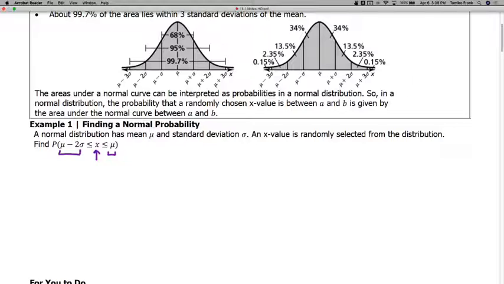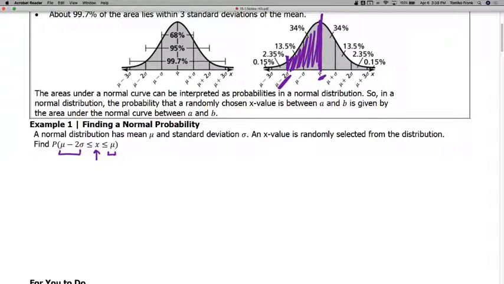If we go back up to this example, mu minus 2 sigma is this line right here, and mu, that's our mean, not our median, is right there. So we're looking for the probability that x is between these two values.